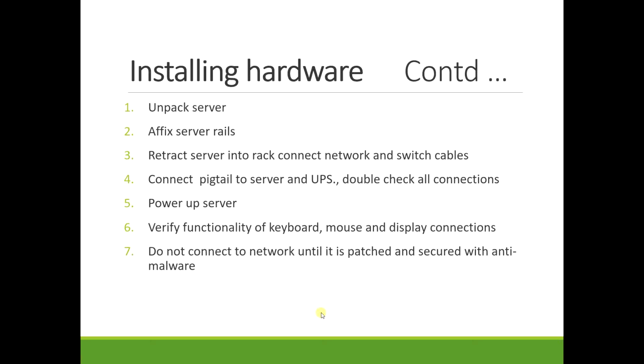And we need to ensure, or take note, that we do not connect the system to the network until it is patched and secured with anti-malware such as an antivirus or a software firewall. After we have taken those precautions, we can attach a network cable and we can test for network connectivity.